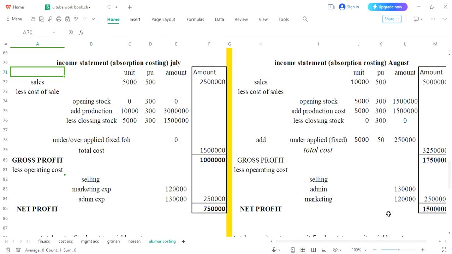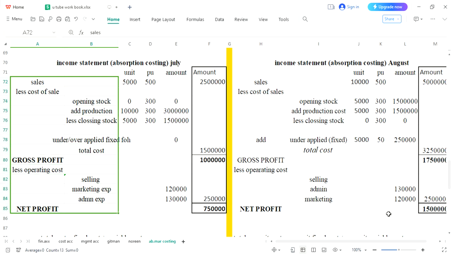Kindly keep it in mind, this proforma would 100% be the same, and this would not be changed. It means we will follow the same proforma in second question, third question, fourth question, if we are observing absorption costing. And in marginal costing, in the next lecture we will see how to calculate our net margin under marginal costing.